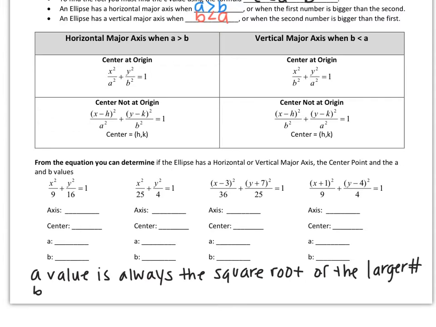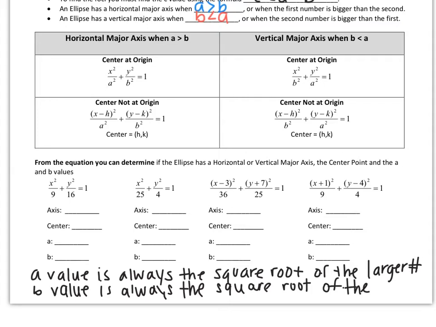And the B value is always the square root of the smaller number.